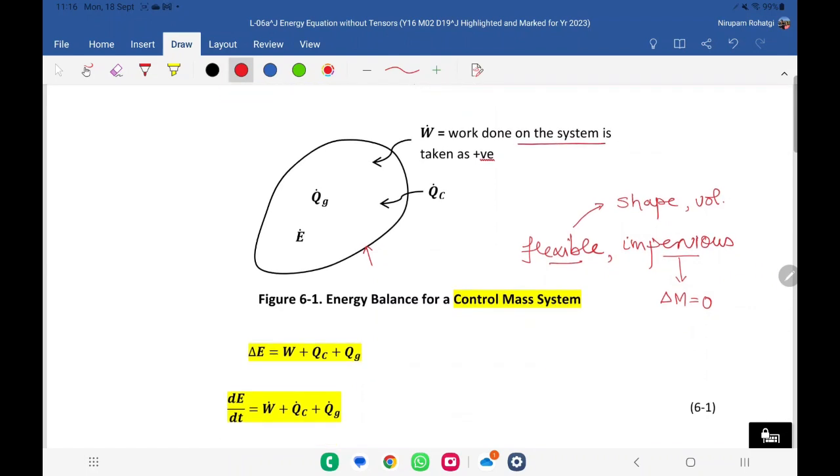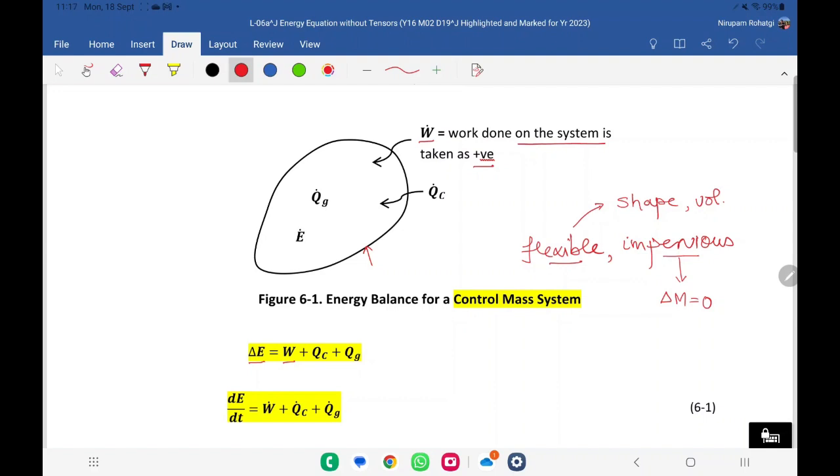Now, if we talk about the energy balance of this, let us see what will be the change in energy in the system. There is one energy which is in the form of work. This is W, the amount of work done on the system. Here it is taken as positive, unlike in thermodynamics, where the work done by the system is taken as positive.